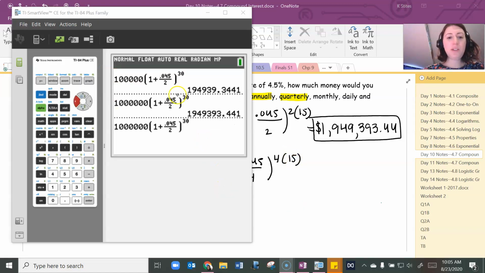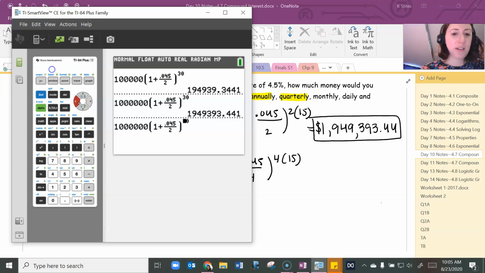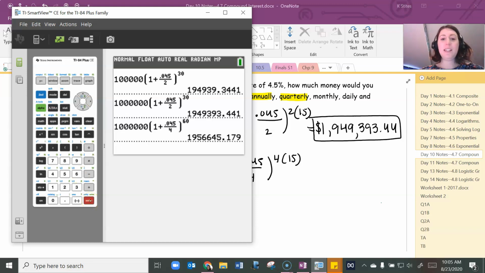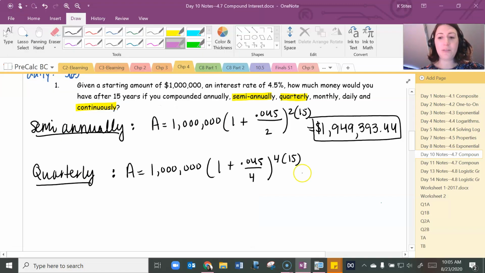So all I'm going to do is go back up and grab what I just had in my calculator and then make the necessary adjustments. So this is a 4, and then up here my exponent will be 4 times 15, which is 60. And we can see that it is a little different. I mean, it's not terribly different. We are going to be making a little more money when we compound quarterly, is what I have written down here.